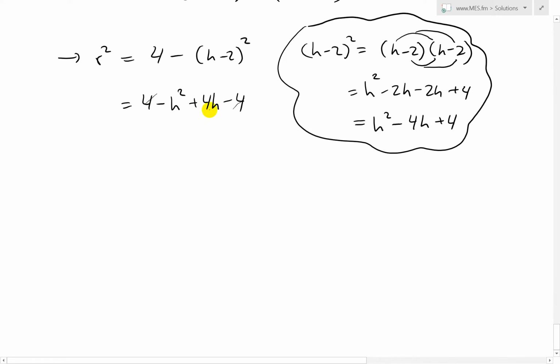And then we'll move this 4h in front of the negative h squared, so we get r squared equals 4h minus h squared. So that is what our r squared is.